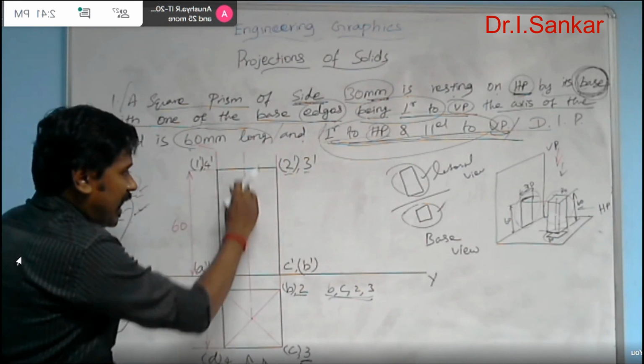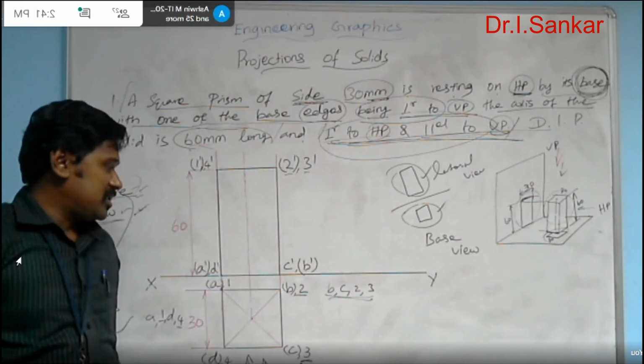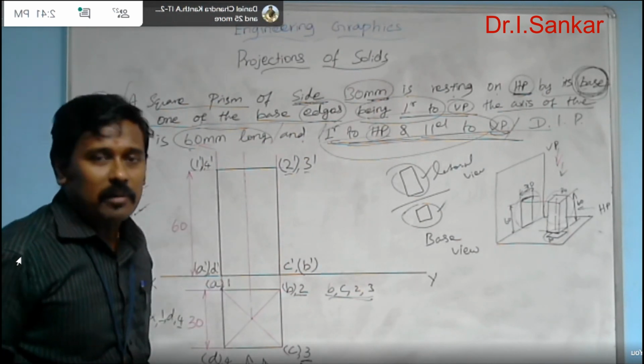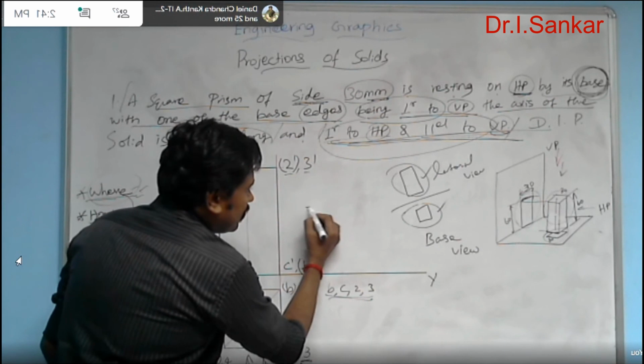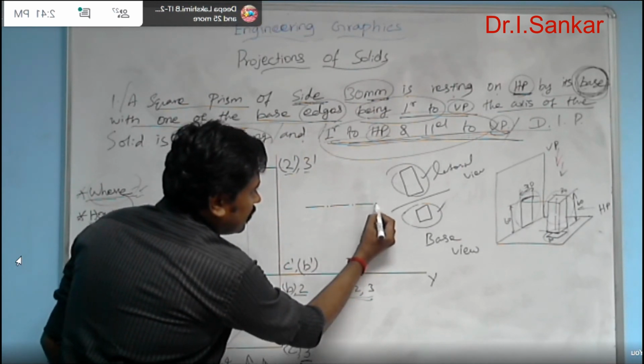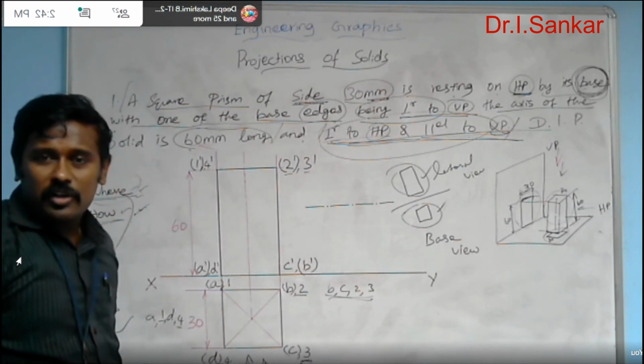And here the axis is there. In our engineering graphics, in order to draw the axis, we follow a specific format. That is, the axis is drawn as a long dashed dotted line. In this format only we are going to denote the axis.